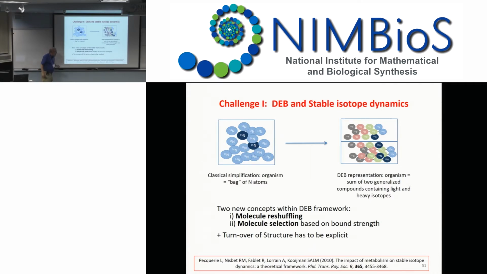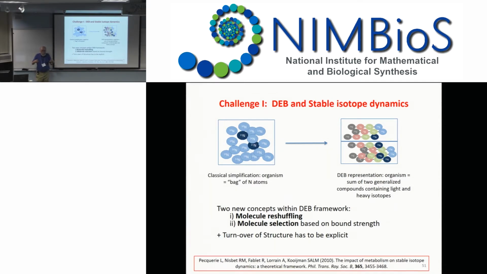And Laura, when she was a postdoc, developed some very beautiful but very complicated theory for handling this situation. And she recognized that there had to be incorporation of what she calls molecular shuffling, which I'll describe in just a minute, and what she called molecule selection.